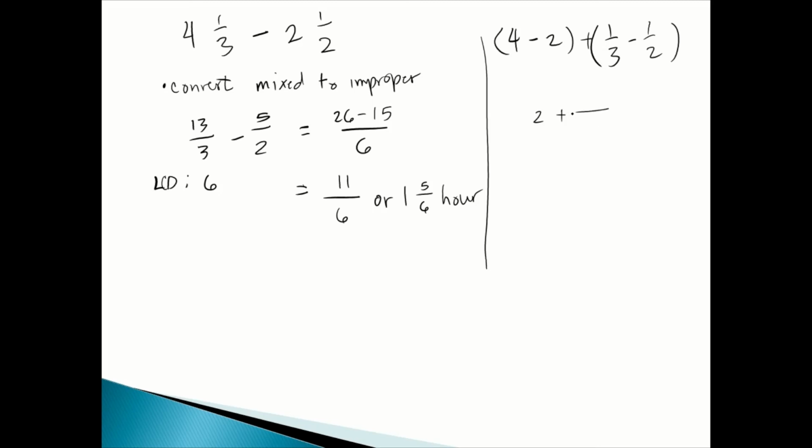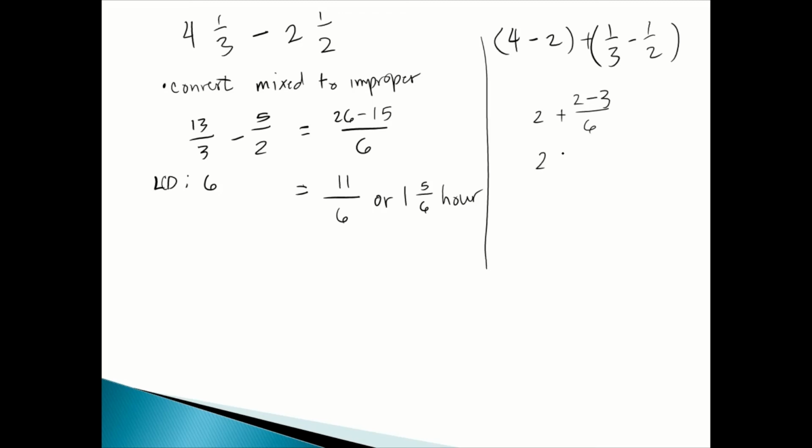It's going to be over 6. Then 6 divided by 3, you will get 2, and then 6 divided by 2, that's 3 times 1, so it's going to be a minus. Okay, 6 divided by 2, 3 times 1, so this is 3, right?